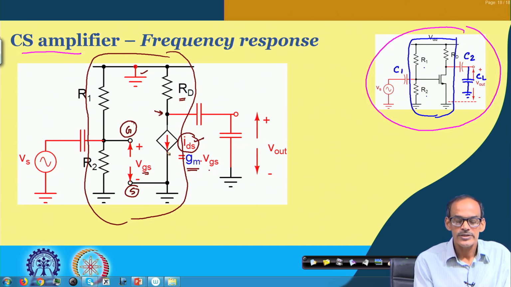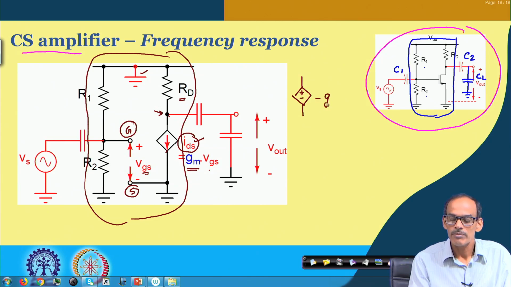Note that still this is not an equivalent, but it can be easily converted into the Thevenin equivalent. Namely, we can make the amplifier which has a gain of minus gm into RD.